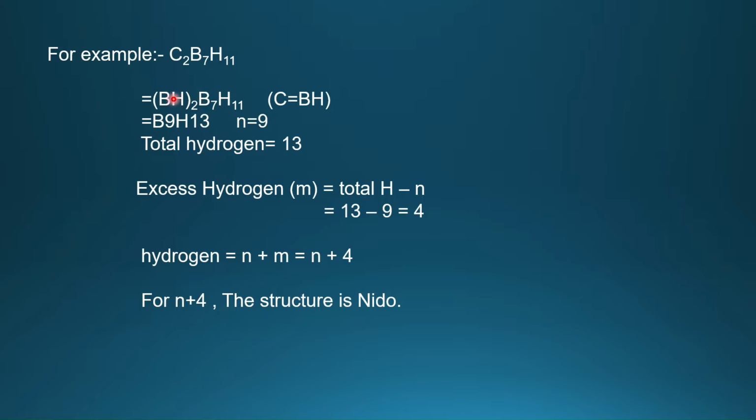So we put BH in place of carbon: BH twice with B7H11 is equal to B9H13, where n is equal to 9, hence the number of boron is 9, total hydrogen is 13. Then excess hydrogen m is equal to total hydrogen minus number of boron, 13 minus 9, which is 4.